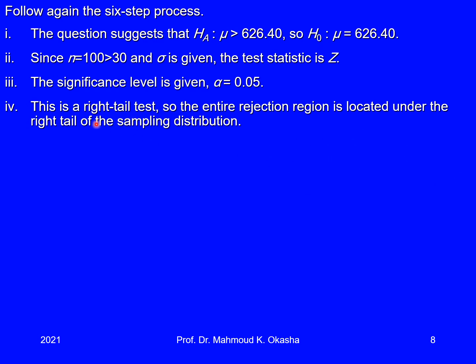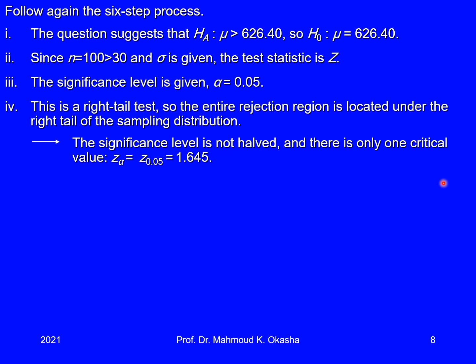As the alternative hypothesis has the sign greater than, we have a one-sided test. It is actually a right tail test. And alpha we do not divide into two parts. So we have to decide the critical values from a one-sided test.